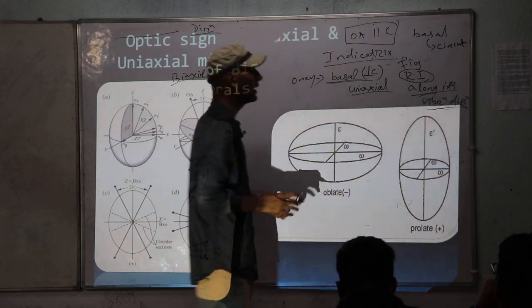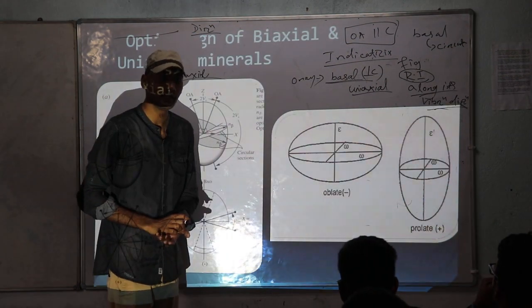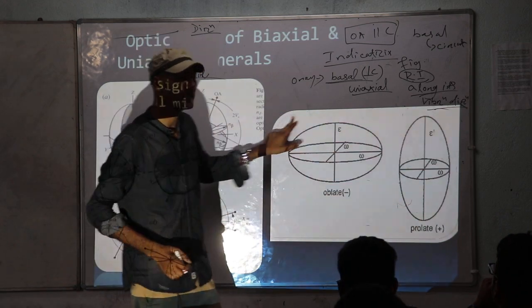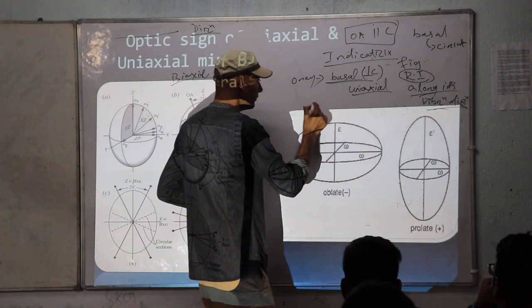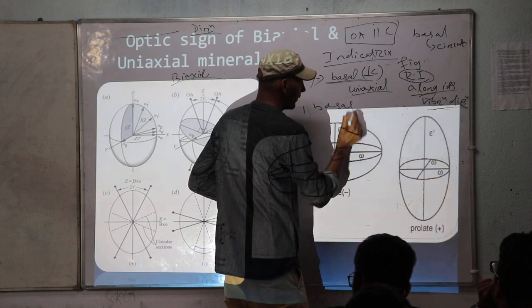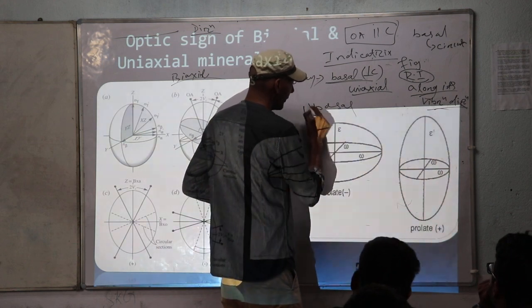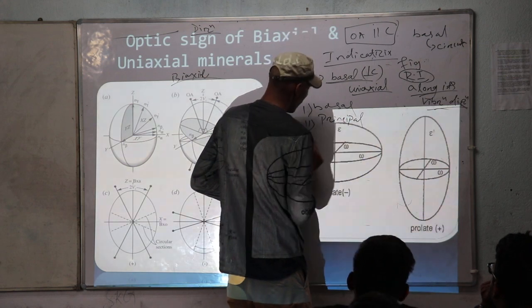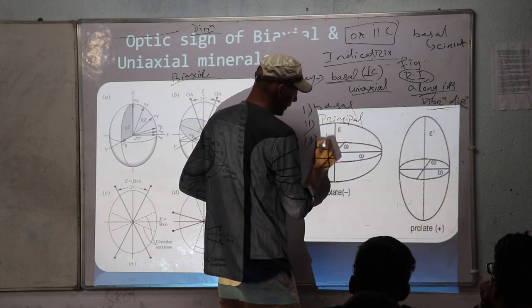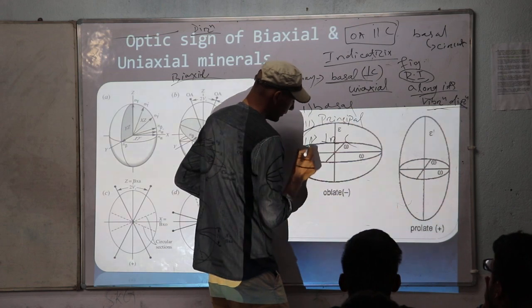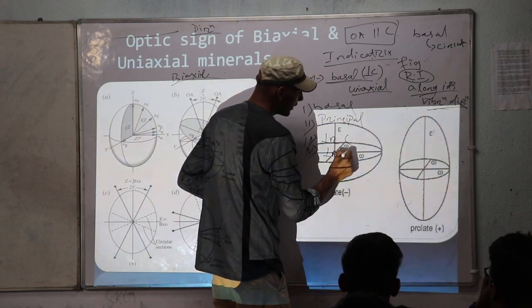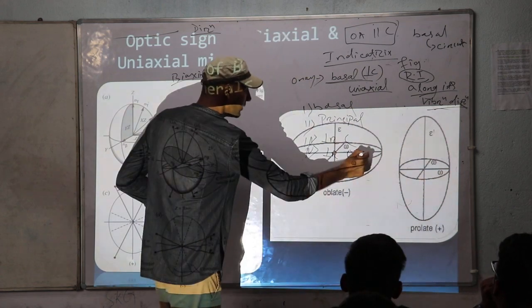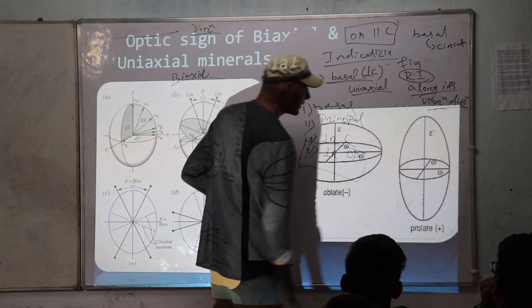If I ask which section you will get circular, and I put in the options: one option is basal section, one option is principal section, one option is perpendicular to C, one option is perpendicular to optic axis. The answer must be perpendicular to optic axis.